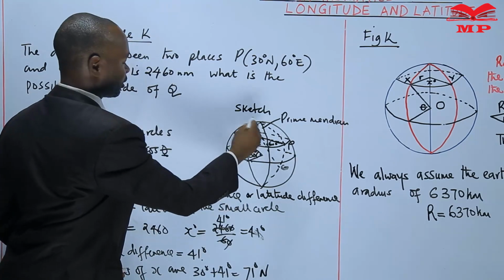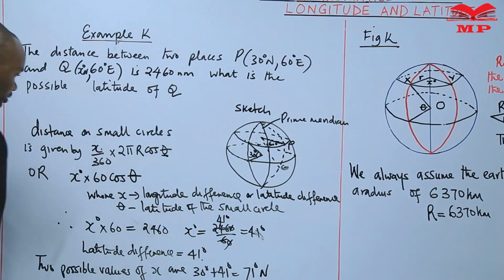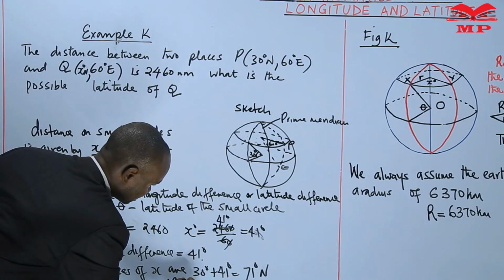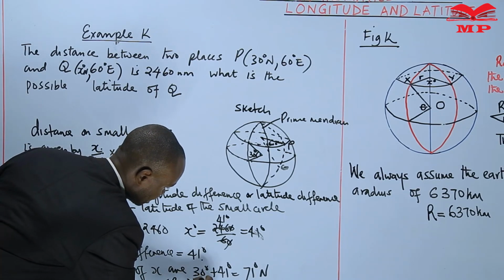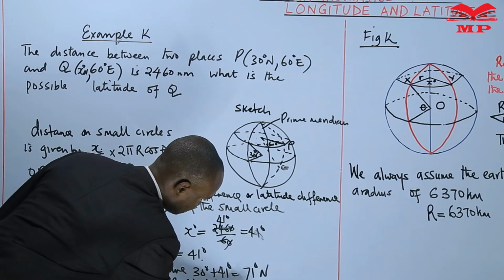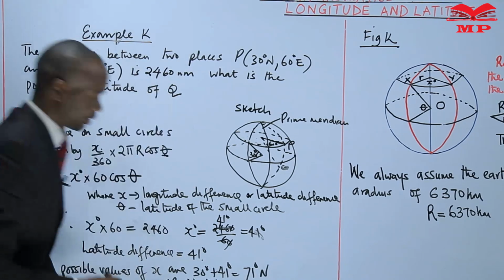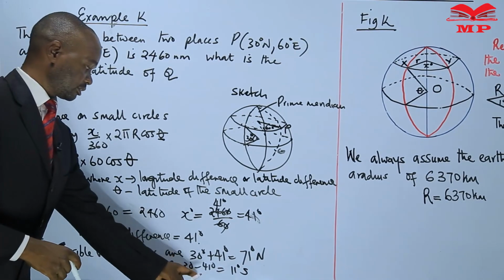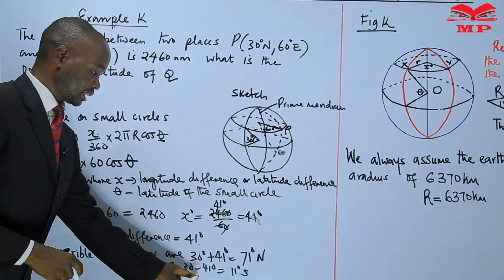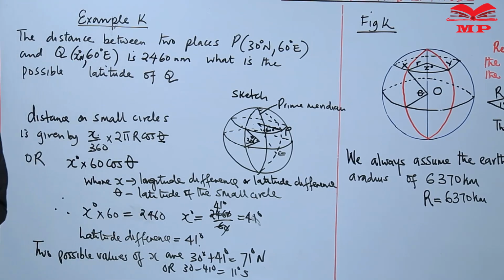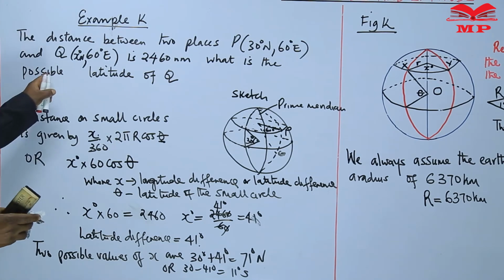You can either go north or go south. Or you can have 30 minus 41, which gives you 11 degrees south. So you have two values. So those are the two possible values.